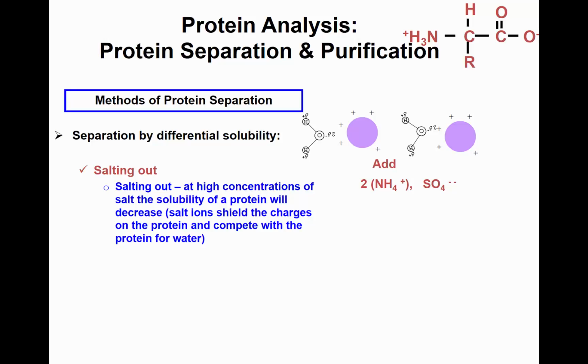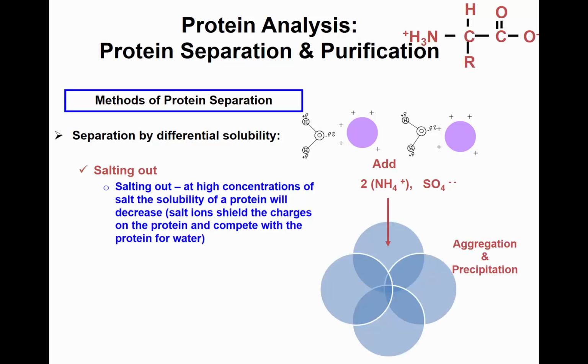The sulfate is going to shield, hide the positive charges, and they're no longer interacting with the water, so they precipitate and aggregate. The salt is shielding the charge as well as competing for water interaction, because the charged groups in the salt will interact with water, taking the water away from the protein.